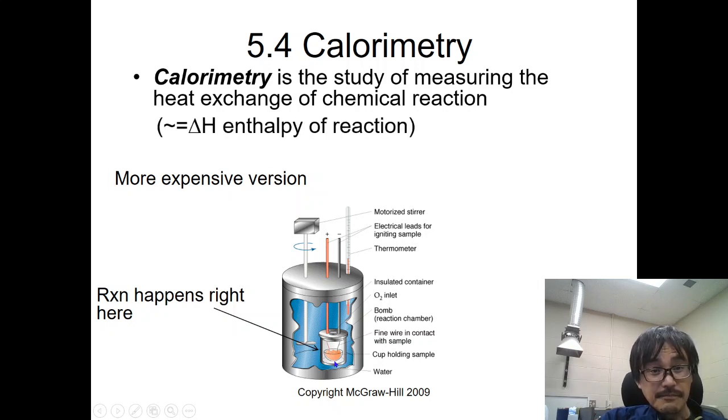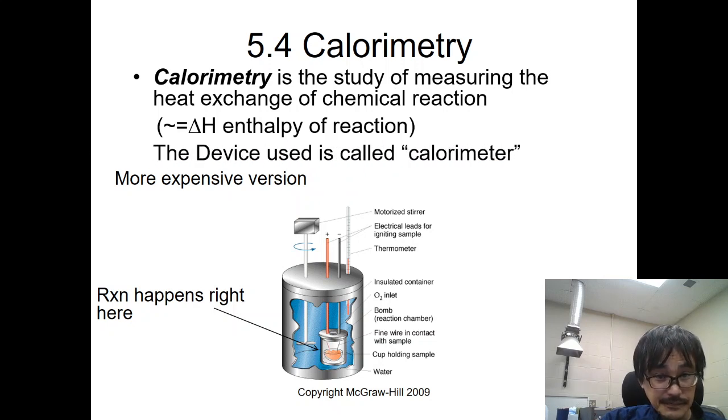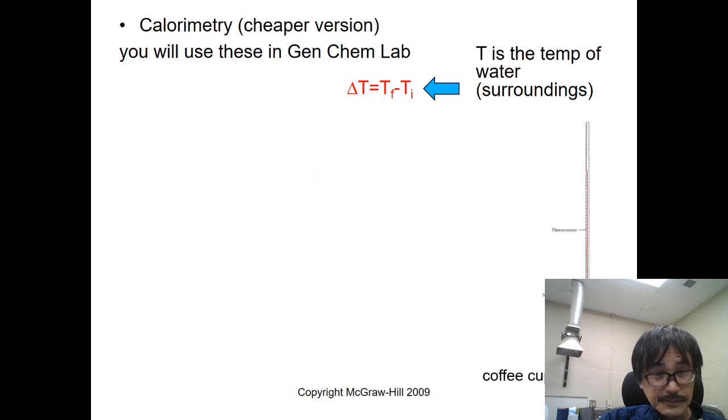And then because of this, you can actually think of it as delta H, the enthalpy of the reaction. It's actually slightly different, but the error in that is very small.